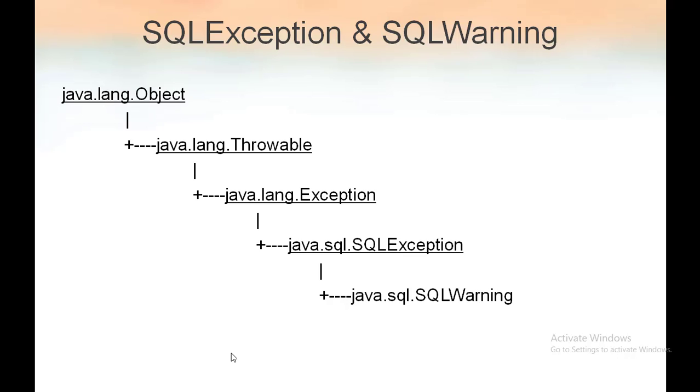Next is SQLException and SQLWarning. The java.sql.SQLException class is available for SQL exceptions, and java.sql.SQLWarning is available for SQL warnings. So the SQLWarning class is inherited from SQLException. You can see the hierarchy of the classes.